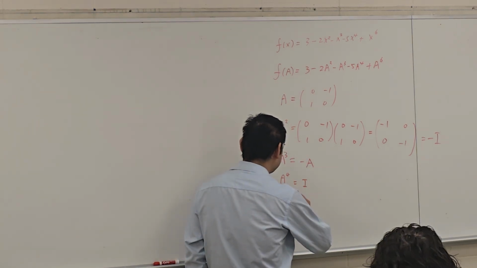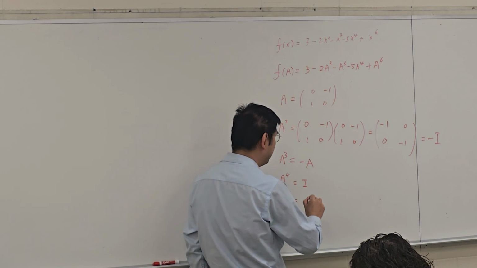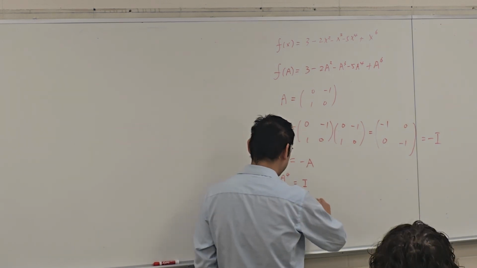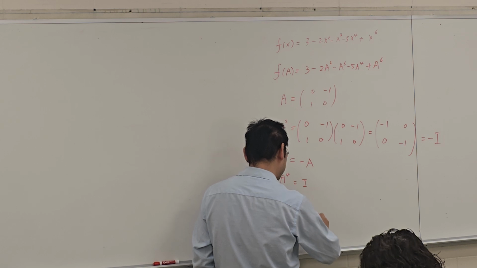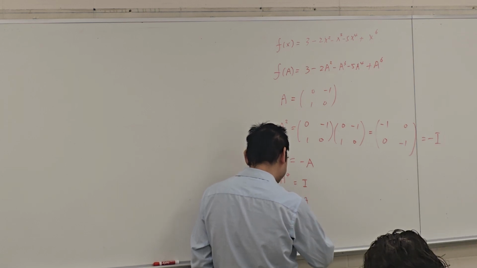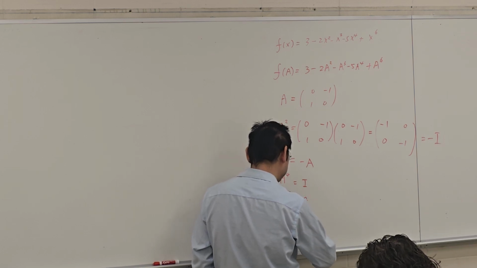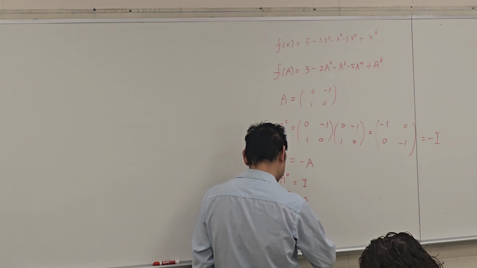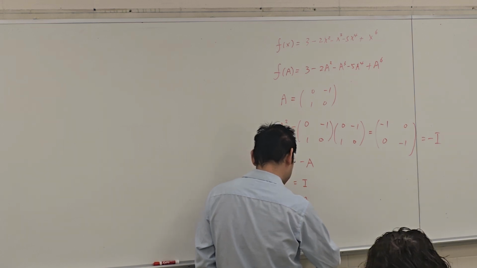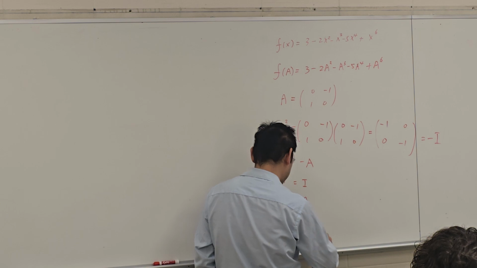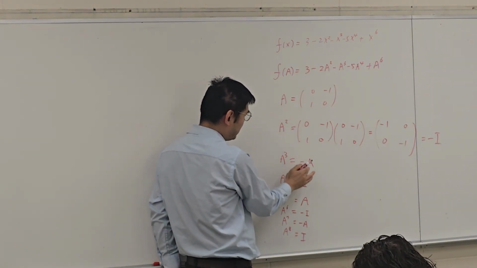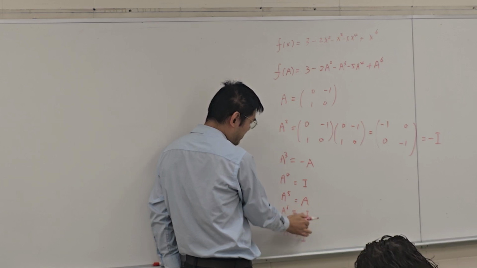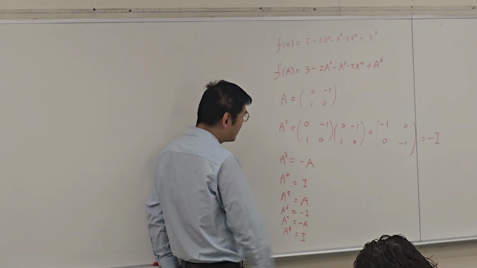You see the pattern, right? It keeps going: A, minus I, minus A, I, A, minus I, minus A, I. Keep going forever.